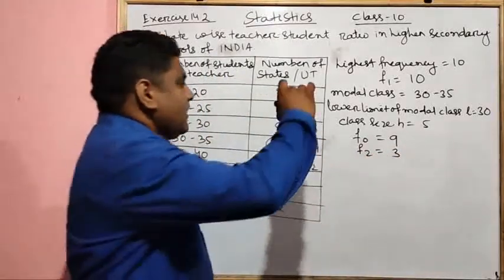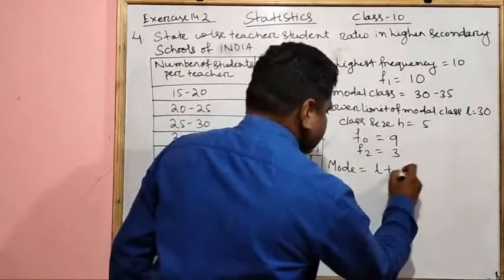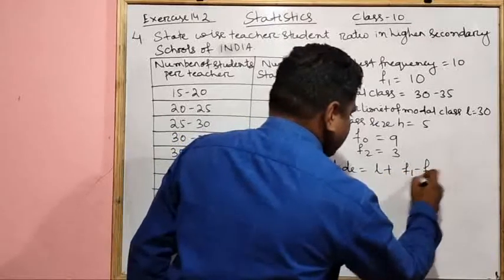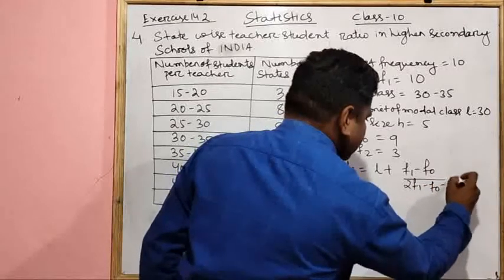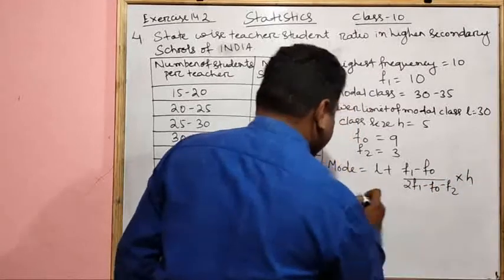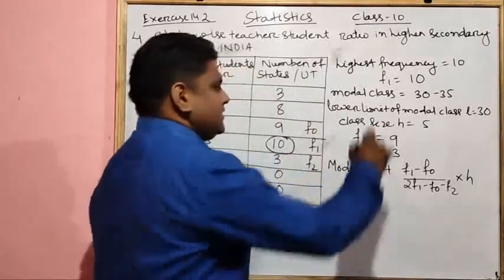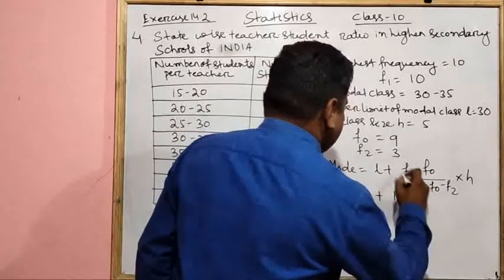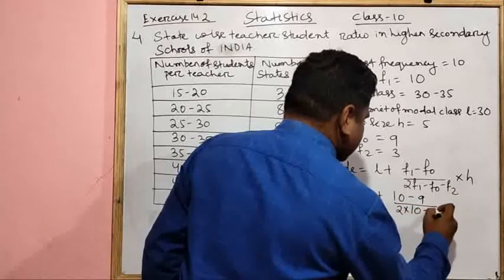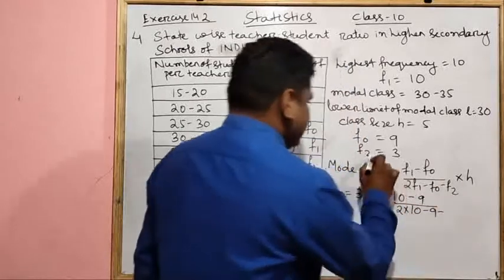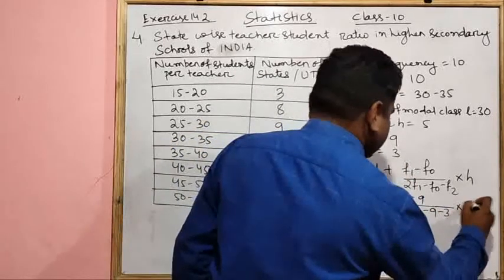Next, the formula to find mode equals L plus (F1 minus F0) by (2F1 minus F0 minus F2) into the class size H. L here is 30 plus F1 is 10 minus F0 is 9, by 2 into F1 is 10 minus F0 is 9 minus F2 is 3, into class size H is 5.